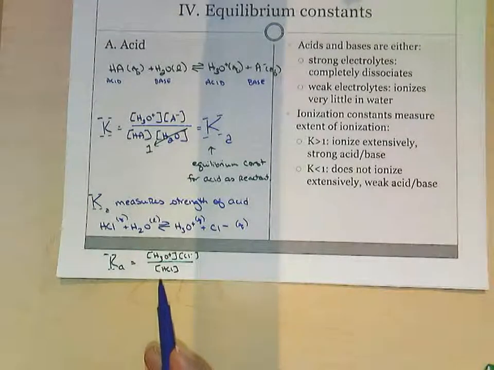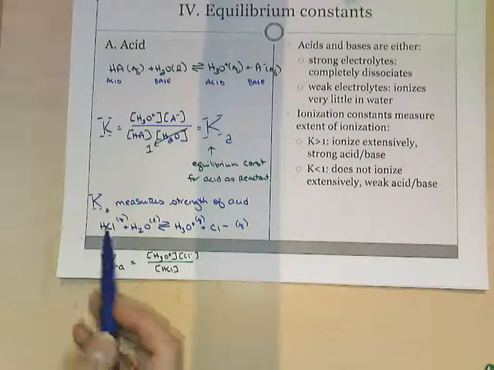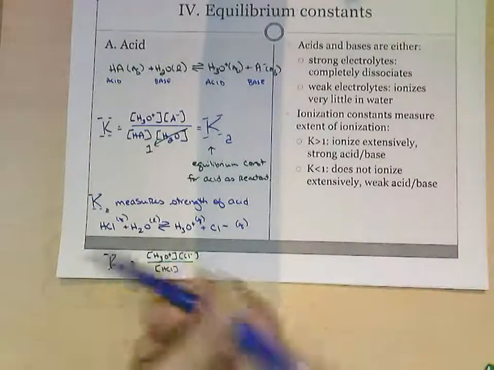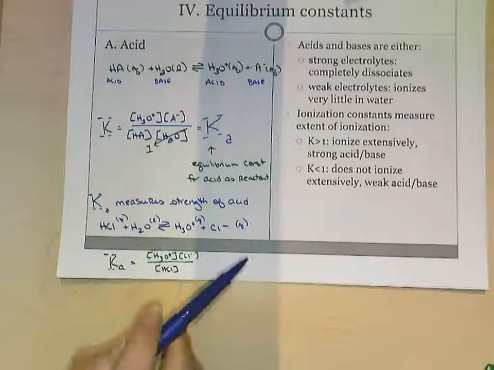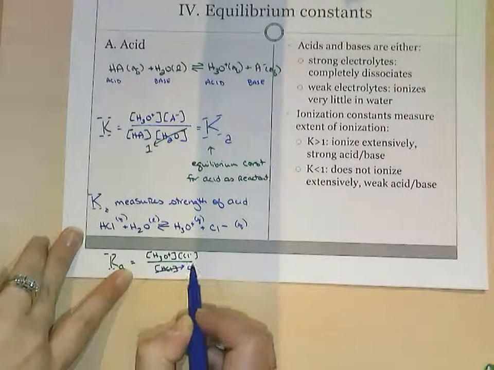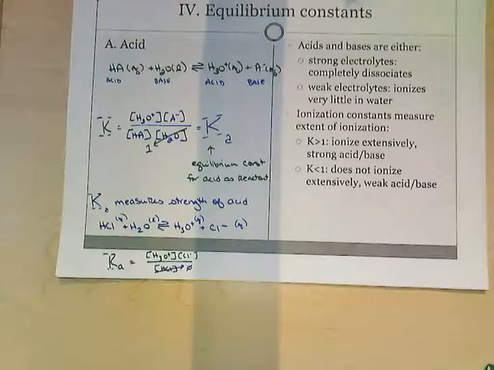How much of the HCl is left after this reaction has reached equilibrium? Is there really any? Is there a lot, a little? Does this reaction mostly go to products or mostly come back to reactants? Right, mostly goes to products. And so this number is actually incredibly tiny. It's almost 0. Almost.